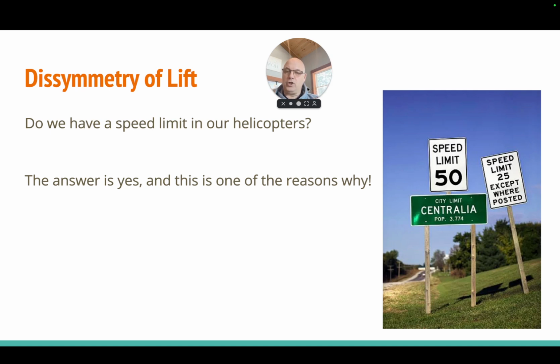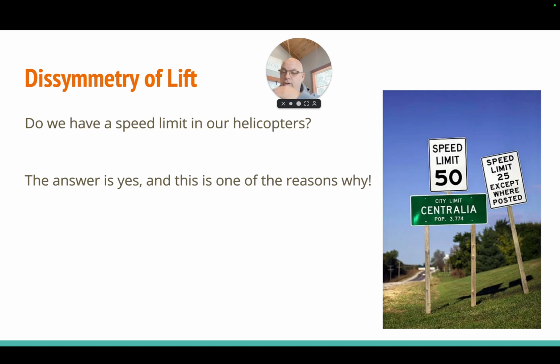Now, because we don't have a wing that extends like an airplane outside of our left and right side, we have a rotor that acts like a wing, but that is in circles. And if you look at the blade itself, there is a leading edge of the blade and a trailing edge of the blade. When it goes forward, the leading edge is hitting the relative wind first, and then on the opposite side, the trailing edge is exposed, right?